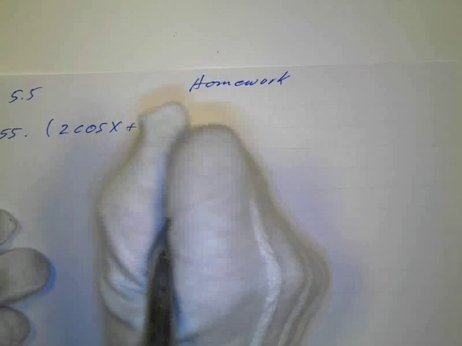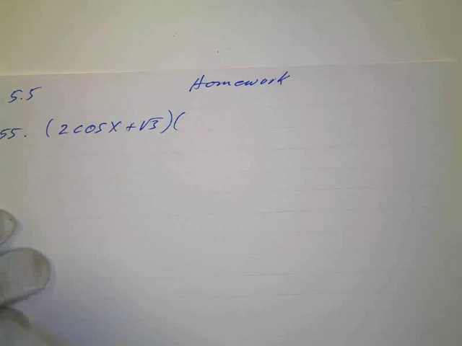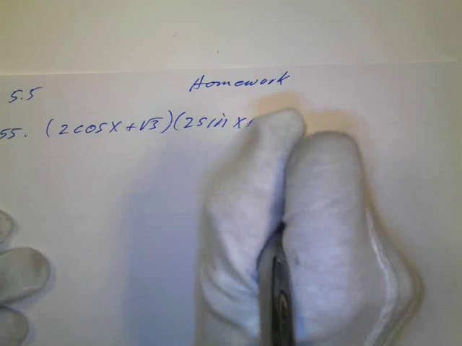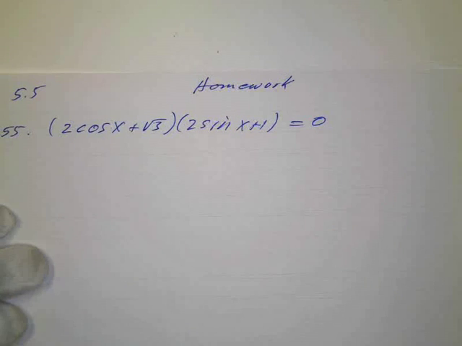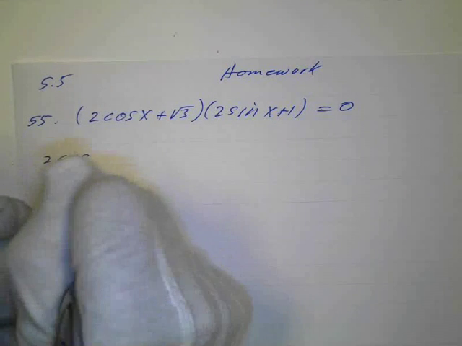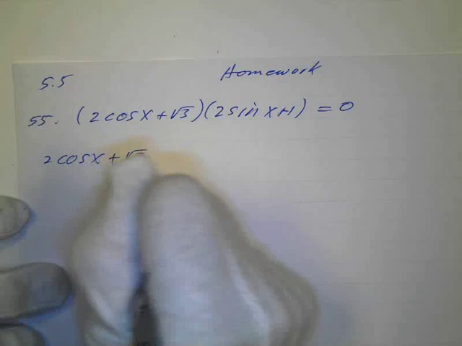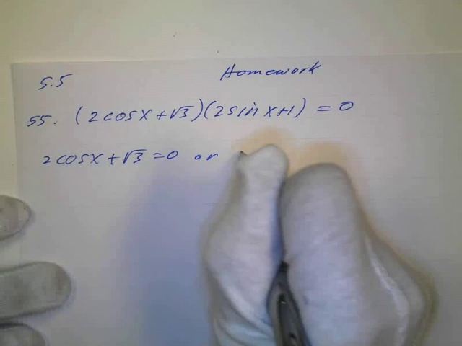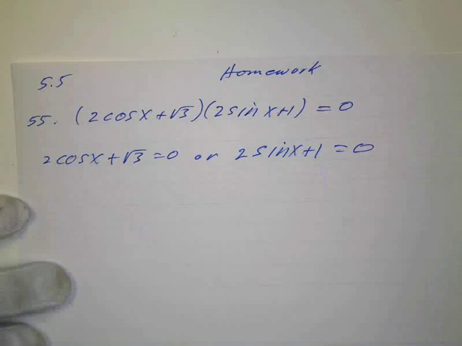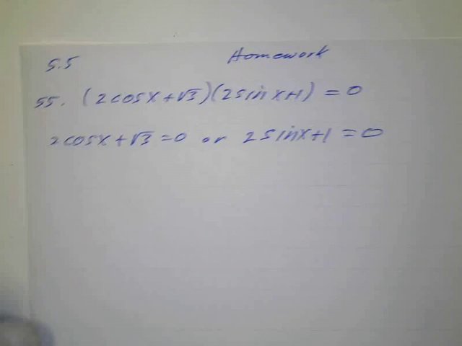Okay, 2 cosine of x plus the square root of 3, and that's going to be times 2 sine of x plus 1, and that equals 0. So we just set each factor equal to 0. So we've got 2 cosine of x plus the square root of 3 equals 0, or 2 sine of x plus 1 equals 0.